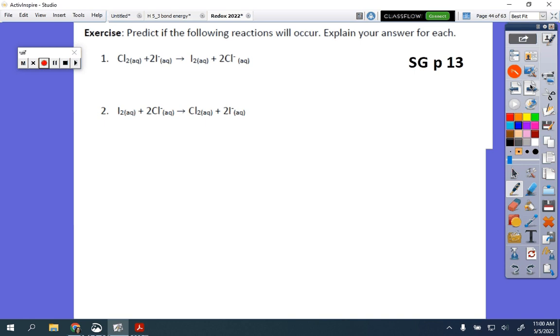Is reaction number 1 going to occur? Chlorine kicking out iodine. Yes. Chlorine is higher up than iodine, so it wants to be an ion more than iodine does. So it's going to take electrons from the iodines, those extra electrons that are currently sitting on the iodide ions.